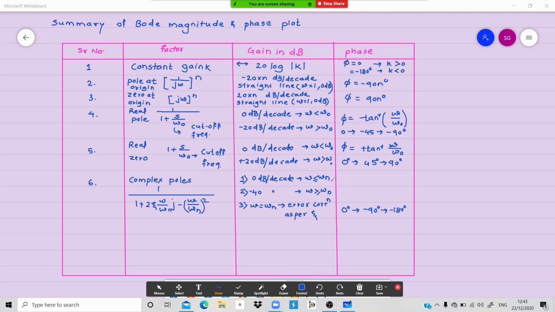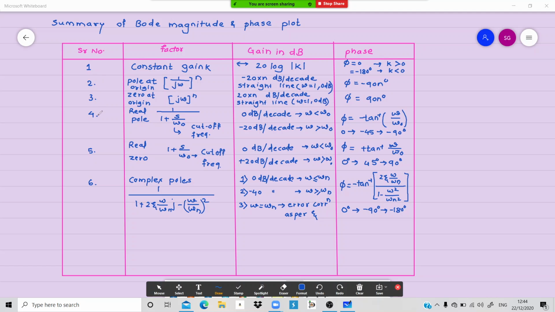If you want me to write the formula, phi is equal to minus tan inverse of 2 zeta omega upon omega n, upon 1 minus omega square upon omega n square. This was the formula for phi.